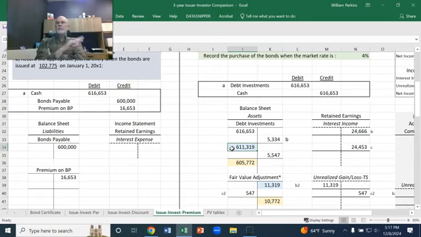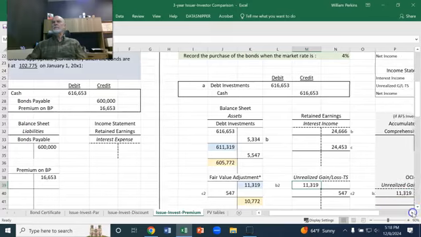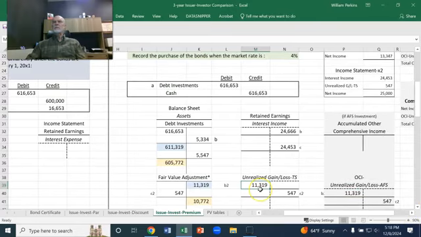If it's classified as trading security or available for sale, we need to bring it down to match the market value at the end of the first year, that's $600,000. So we would credit the fair value adjustment and debit the unrealized loss account. That goes onto the income statement if it's a trading security, and into other comprehensive income if it's available for sale.